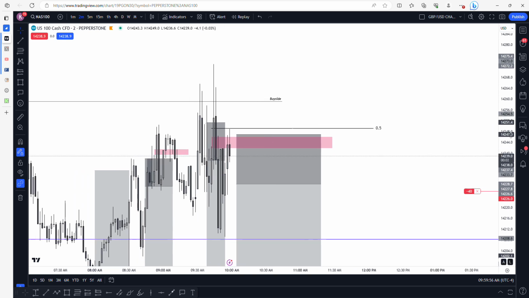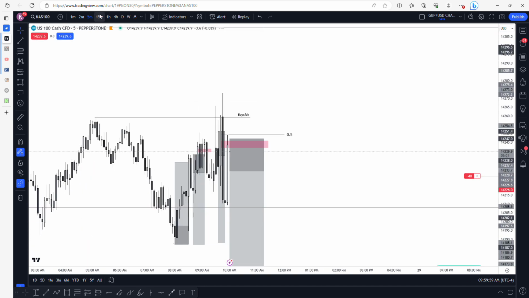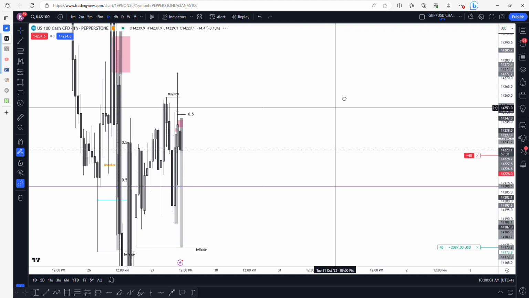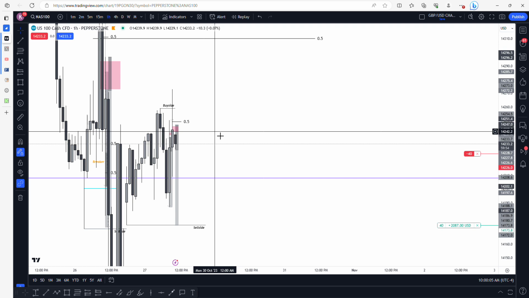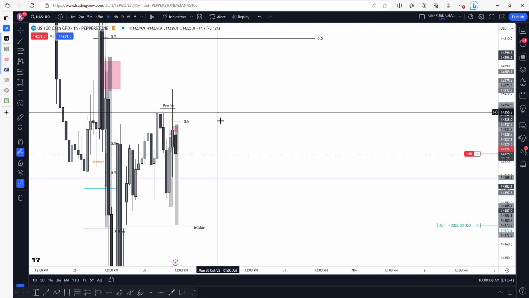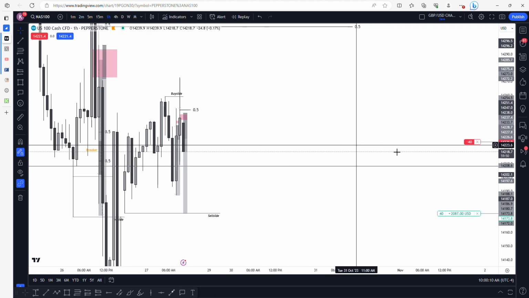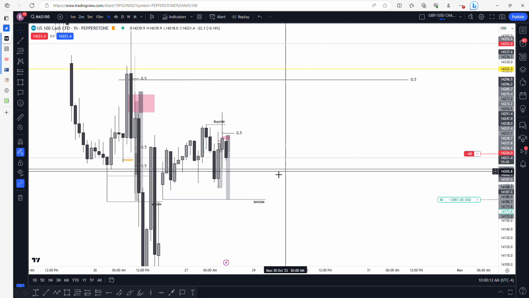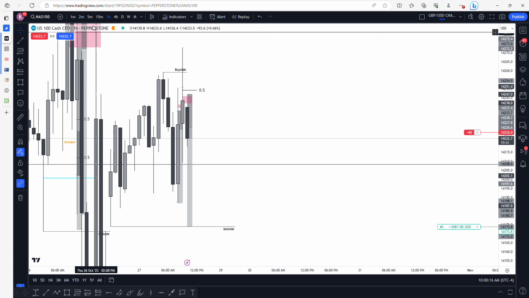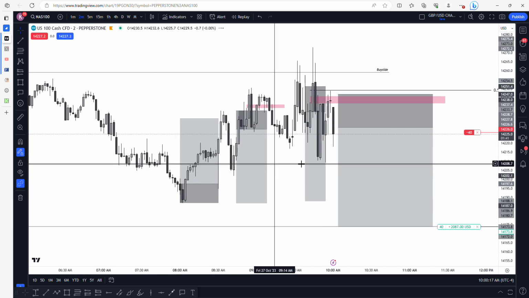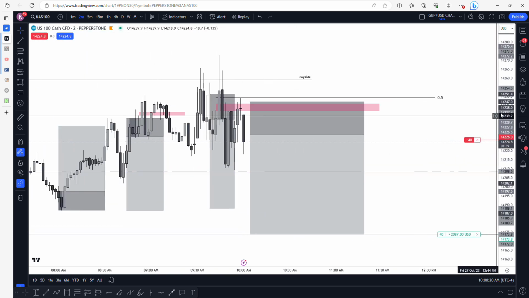If you close above that, I'll take it off. Okay, 10 a.m. I like the way this closed. See this big wick? Previous low should get taken out. And that should be the confirmation for us to go lower.